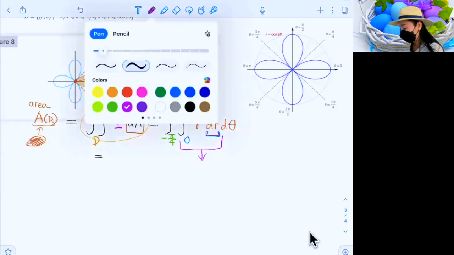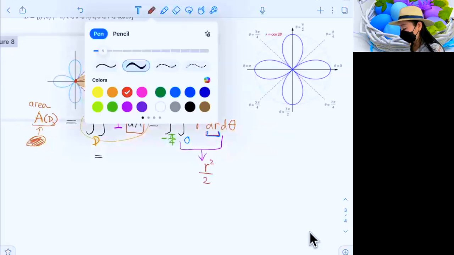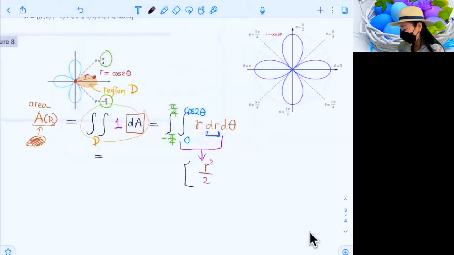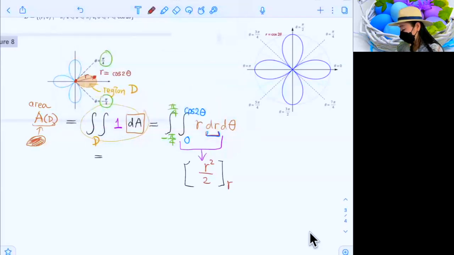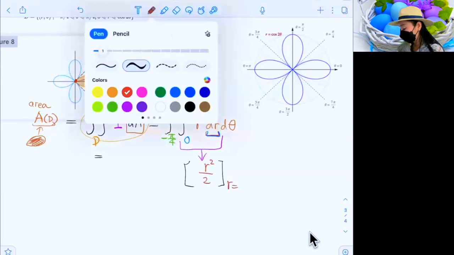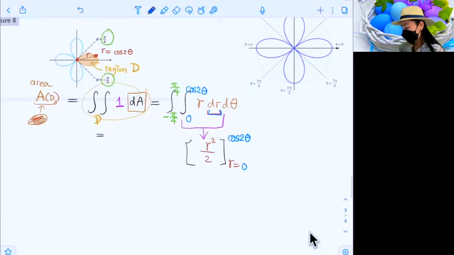Yes, it is r squared over 2, right? And then you will just have the r change from 0 to cosine of 2 theta, right? Like that.